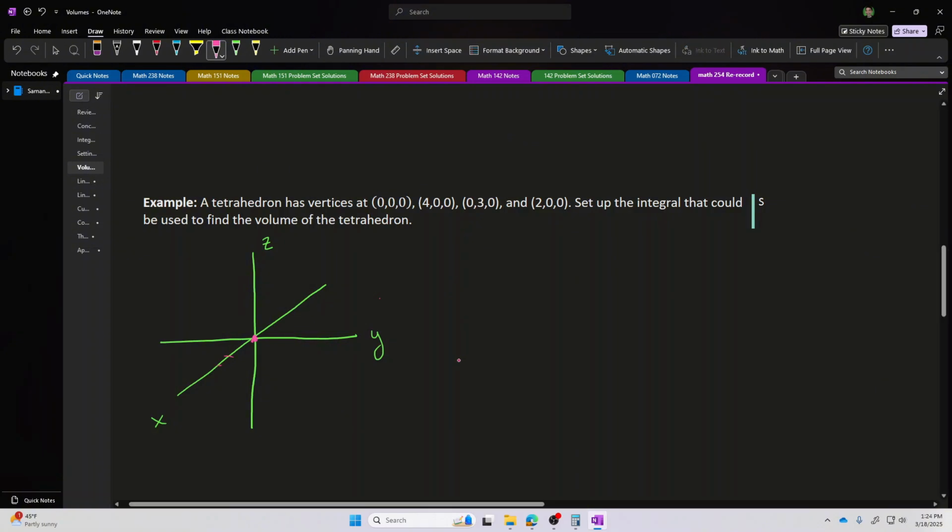We have another 1, 2, 3, 4 units out here along the x-axis. We have another one here, which is 3 units along the y-axis, and another one here, which is 2 units along the z-axis. And the tetrahedron is this little wedge shape that is formed by connecting all of those dots.